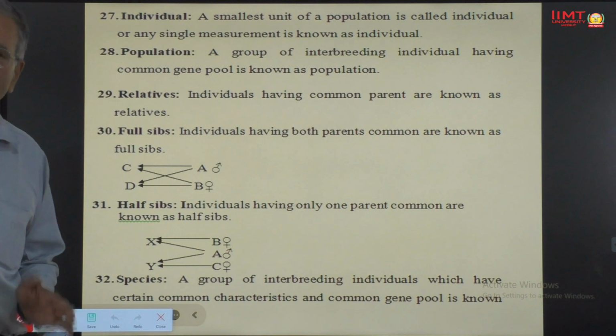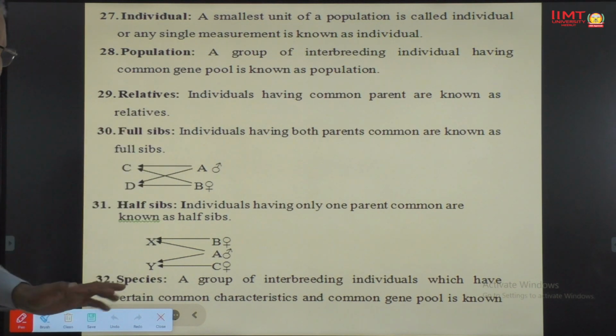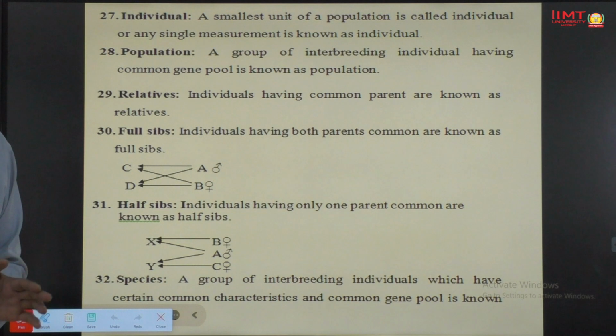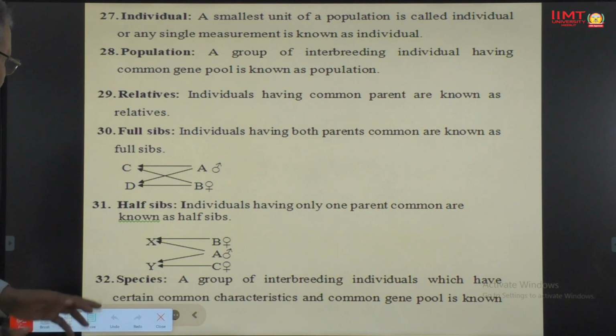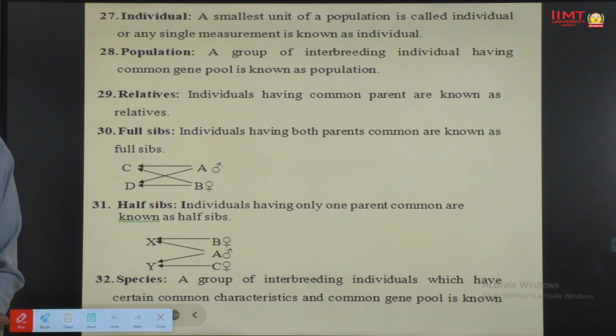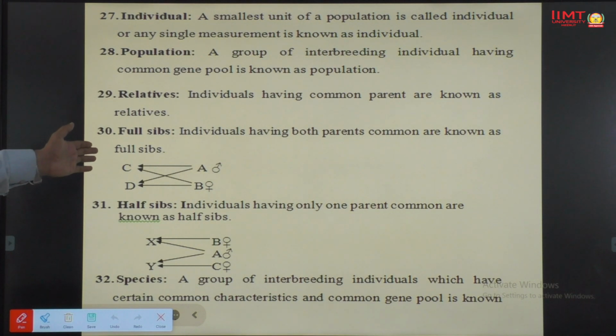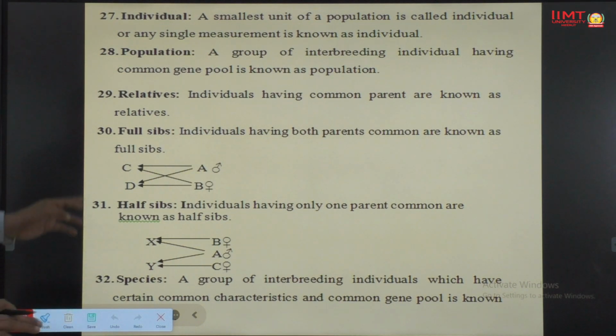Understand? I repeat again. Individuals having both parents common are known as full sibs, and individuals having only one parent common are known as half sibs. In this pedigree, C and D are full brothers, or maybe full sisters, or maybe brother and sister, because both parents are common.